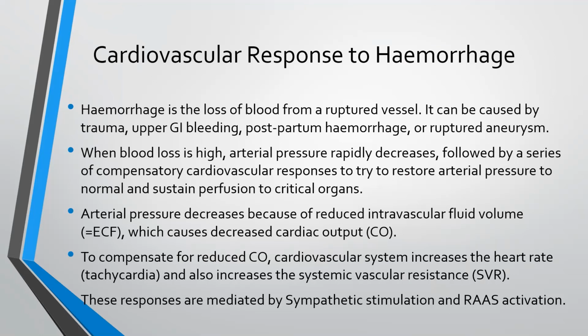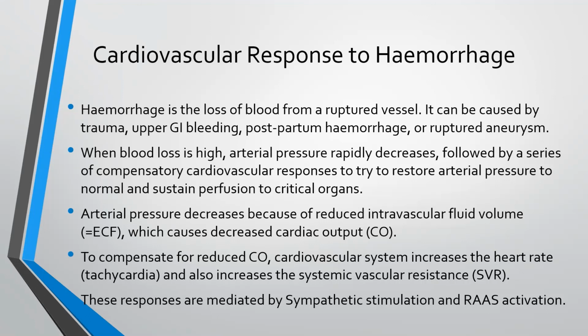When blood loss is high, arterial pressure rapidly decreases, followed by a series of compensatory cardiovascular responses to try to restore the arterial pressure to normal and sustain the perfusion of critical organs. Arterial pressure decreases because of reduced intravascular fluid volume. This intravascular fluid volume is also called the extracellular fluid volume, which causes decreased cardiac output.